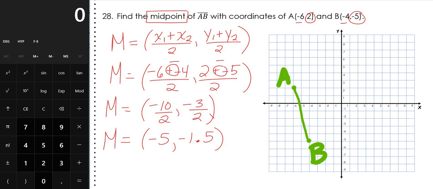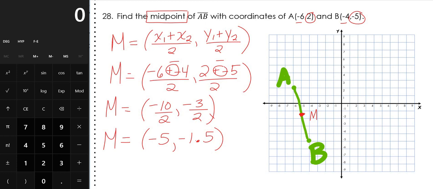Okay, and now let's see if my answer makes sense. I figured out -5 and then -1.5, so it's a little bit more than just -1. So -5, -1.5. That's right around here. Now it's on my line segment.